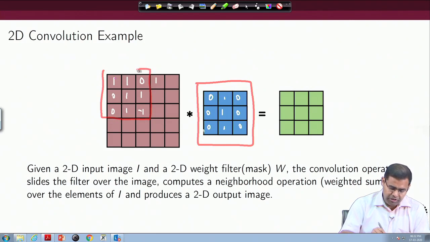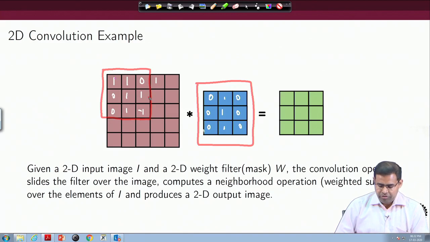So, just overlay this mask over this part of the input image, and then you do element wise multiplication. So, what do you really get?